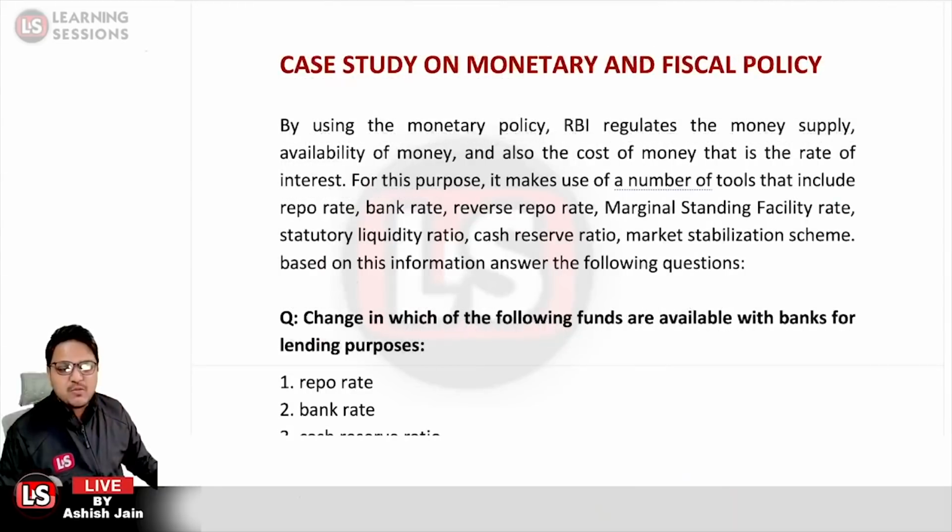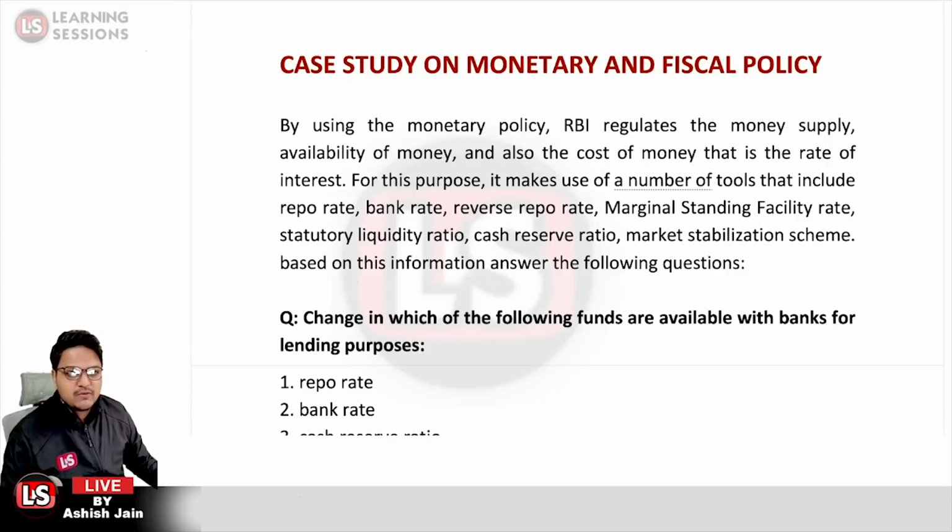By using the monetary policy, the Reserve Bank of India regulates the money supply, the availability of money, and also the cost of money, that is the rate of interest. For this purpose, it makes use of a number of tools which include repo rate, bank rate, reverse repo rate, marginal standing facility rate, statutory liquidity ratio, CRR (cash reserve ratio), and market stabilization scheme, and based upon that we need to answer the following questions.